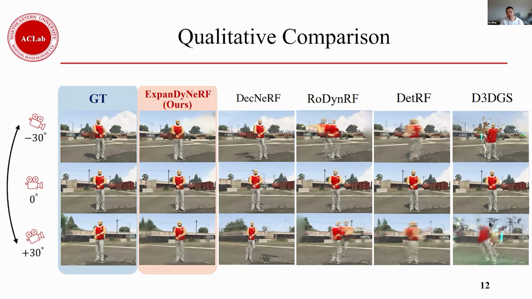And this is the Gaussian work, D3DGS, which preserves the background sharpness. For some parts it is sharp, but it suffers from inaccurate depth in the dynamic region. The object fractures and splits apart whenever the view rotates. And this is only for 30 degrees.